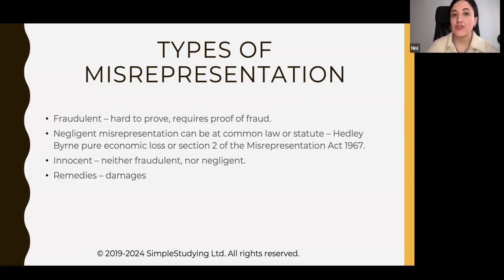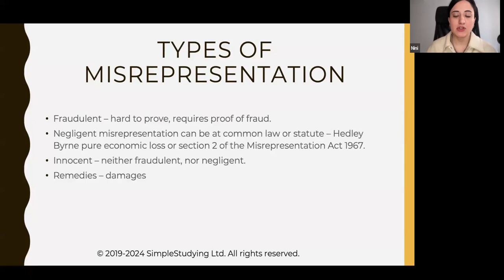Negligent misrepresentation is usually the more viable one because the Misrepresentation Act 1967, Section 2, is easier to prove. It does not require the special relationship test like it is the case for Hedley Byrne. There are two kinds of negligent misrepresentation: negligent misstatement and negligent misrepresentation.